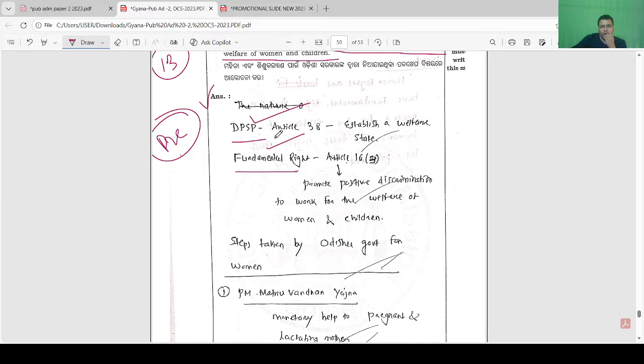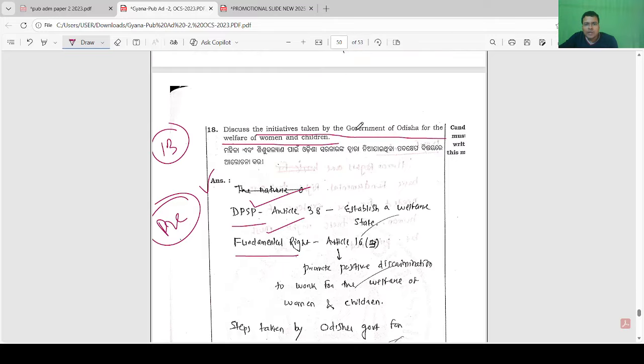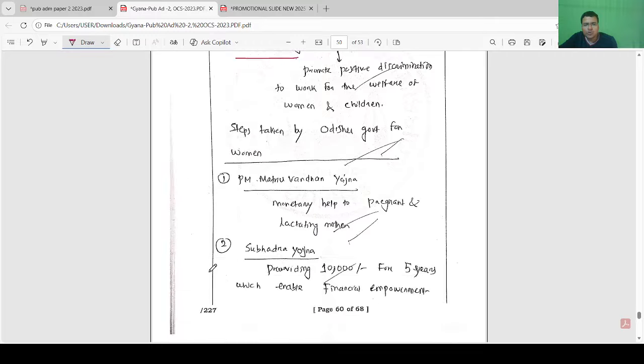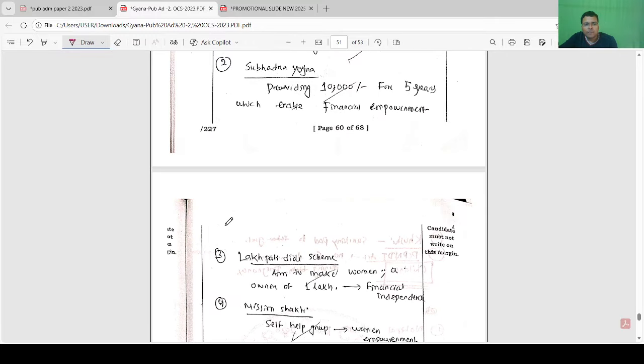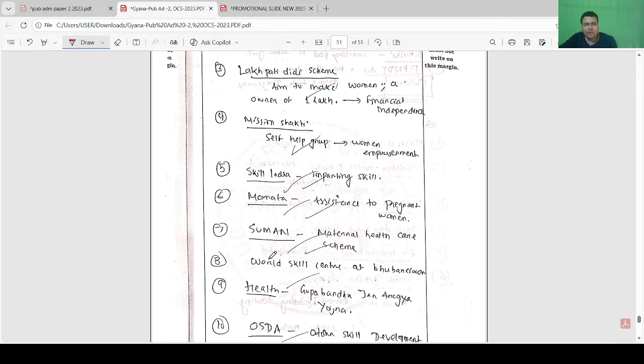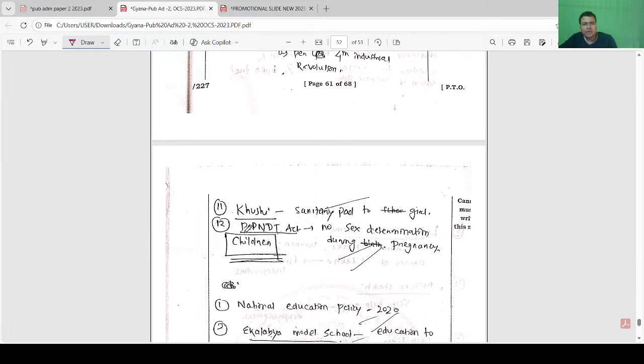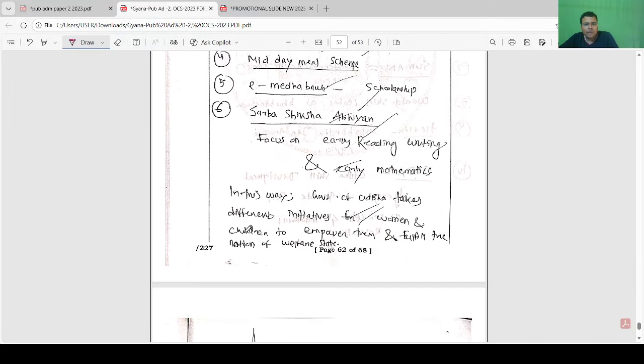See which is missing, I will tell you. In this answer, what is missing? Discussion: initiative taken by government of Odisha. So constitution, then steps taken by government: Skill India, health, children.